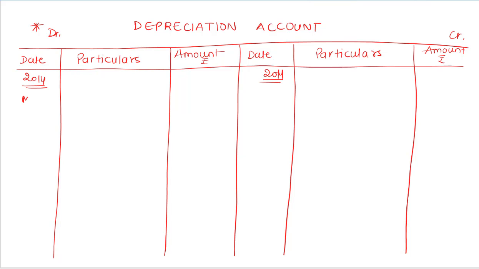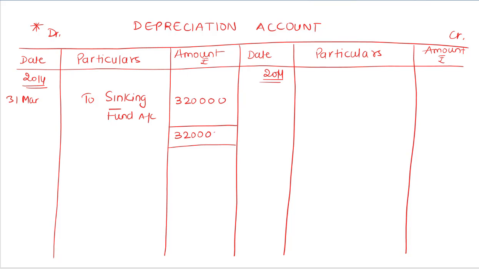2014, 31st March, to sinking fund, 3,20,000. This 3,20,000 will be transferred to profit and loss account.